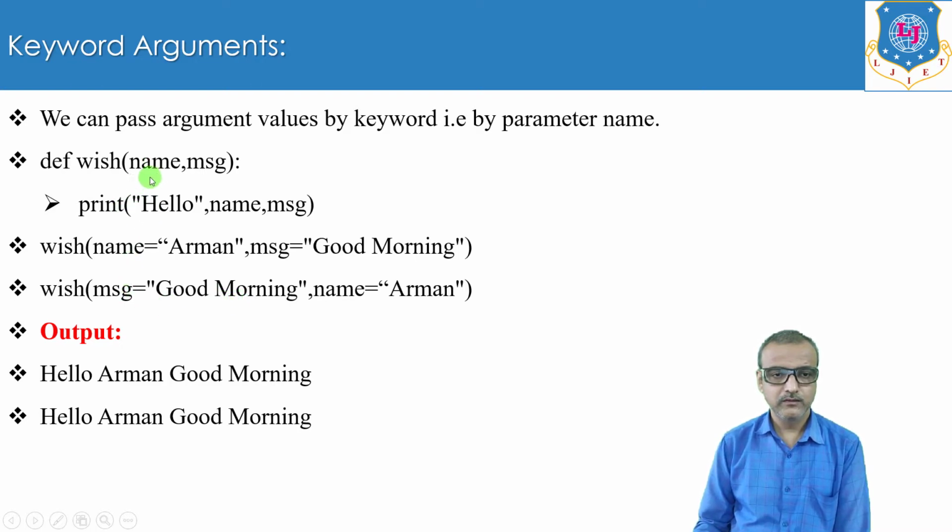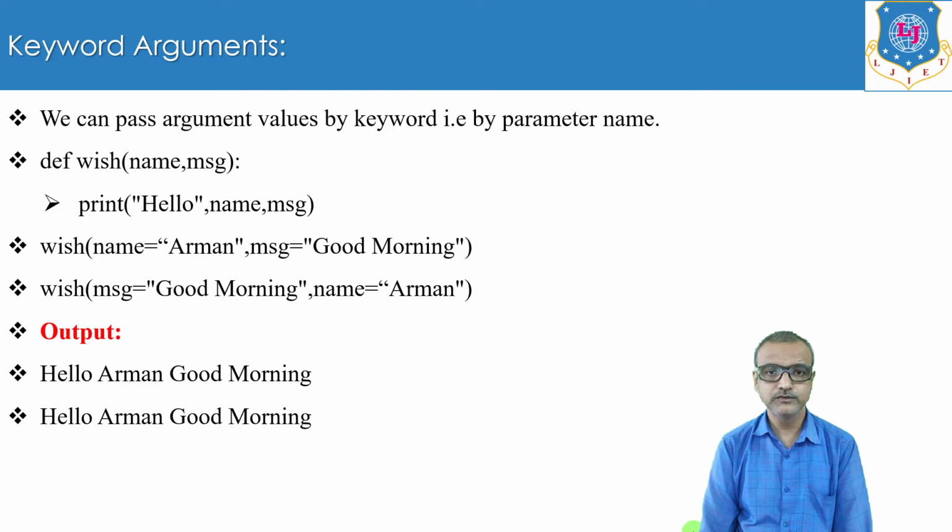It means you can write the keyword argument name first and then message, or message keyword argument first and then name keyword argument. So what will be the output in this case? That is hello Arman, good morning. And again for this one we will have the same output, that is hello Arman, good morning.